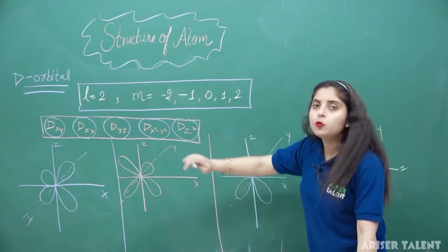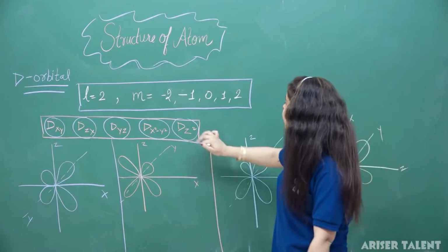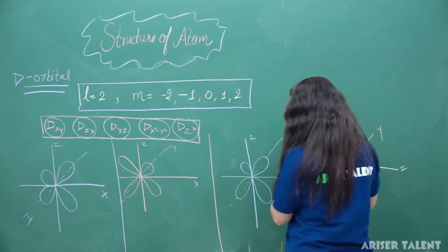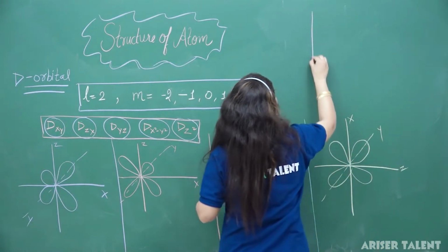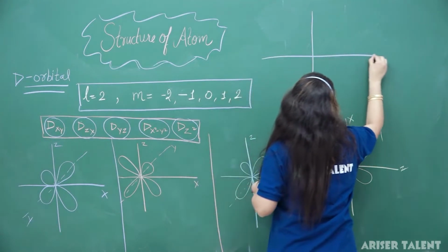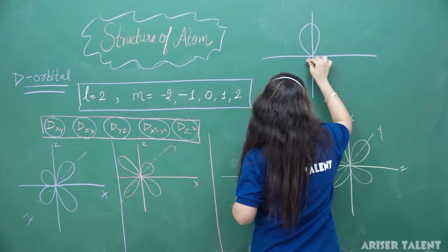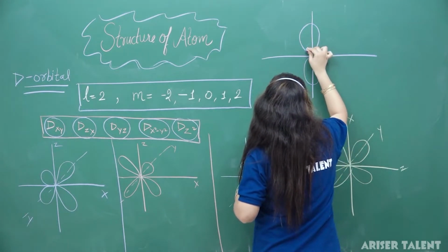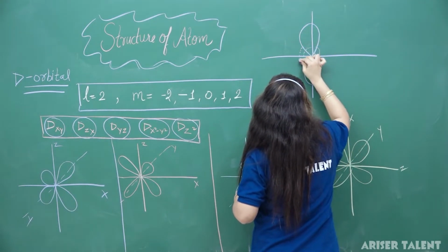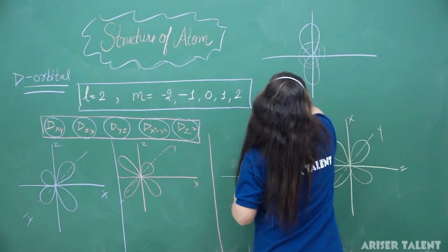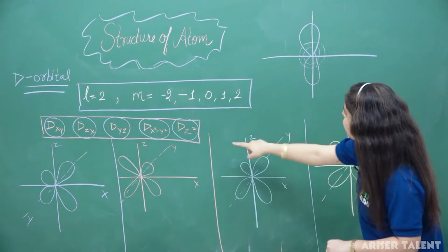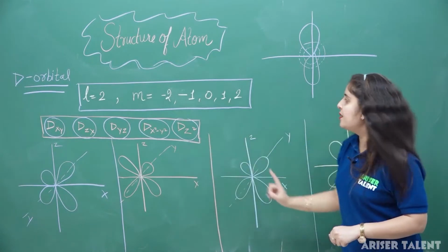Now we want to conclude the orientation diagram for dz square. For dz square, we will get this lobe here, and in between it we will get two lobes. So this will be the diagram for the last one, that is dz square.